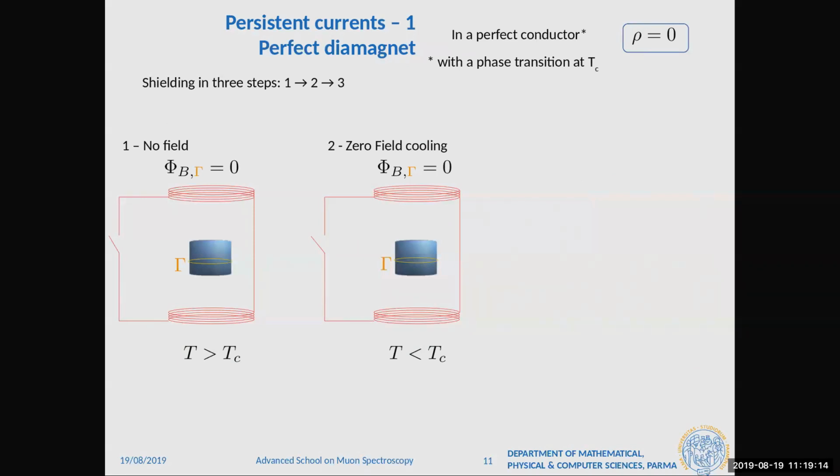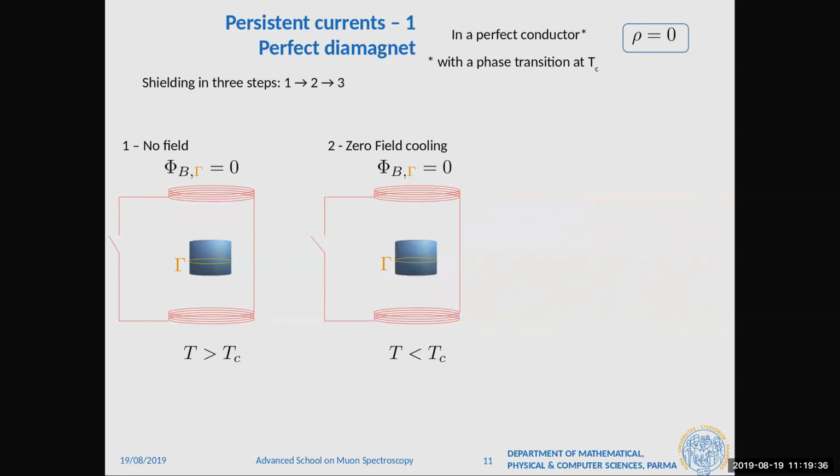Many of you know very well that the second signature of superconductivity is some sort of perfect diamagnetism. And we shall now review that because it's slightly different from perfect diamagnetism. If you have a perfect conductor, it is implied by the fact that you have 0 resistance.